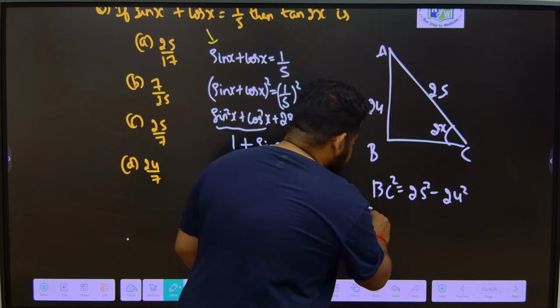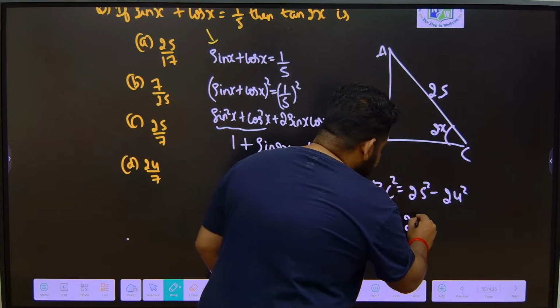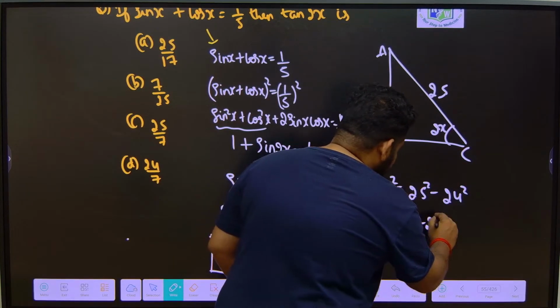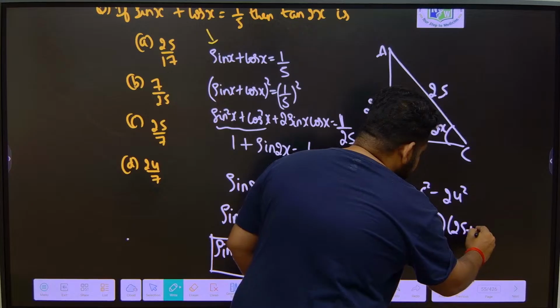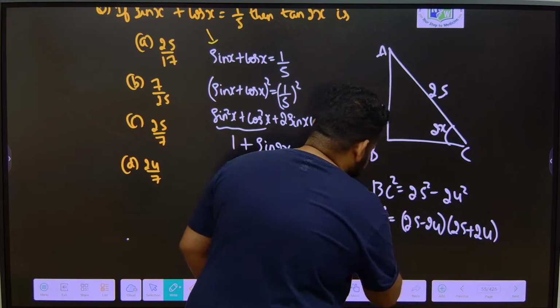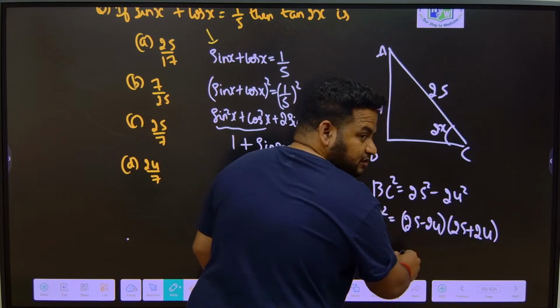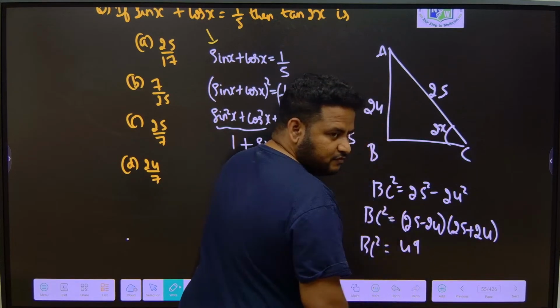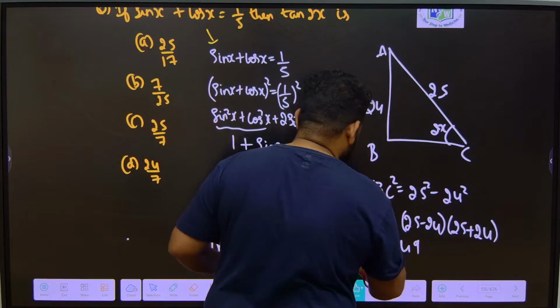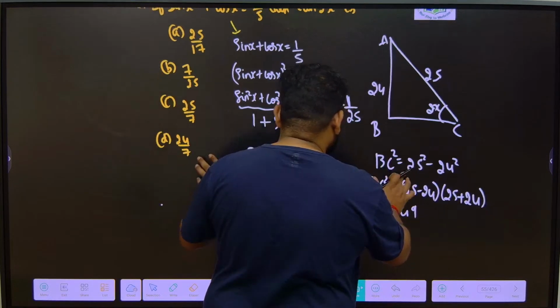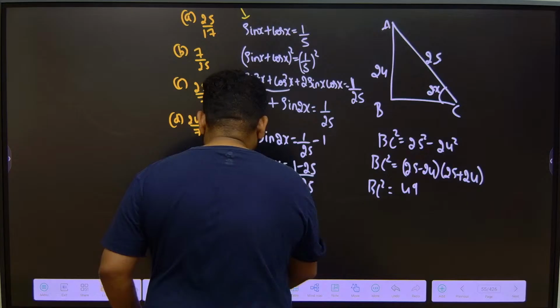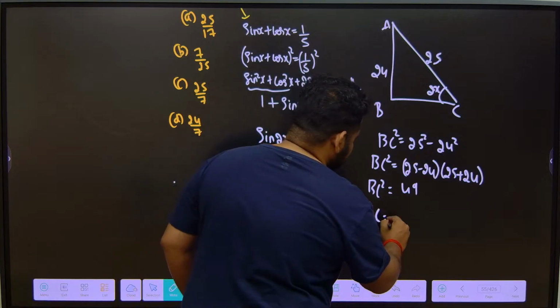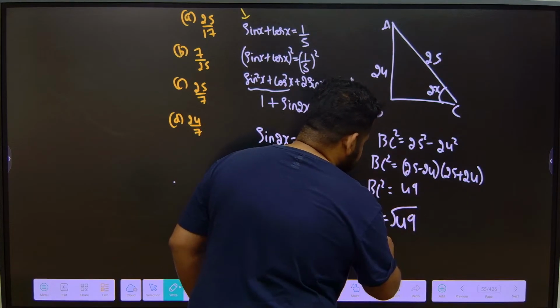So BC square can be written as 25 minus 24 into 25 plus 24. BC square is equal to 25 minus 24 is 1, 25 plus 24 is 49. So BC is equal to square root of 49. I will take BC is equal to 7.